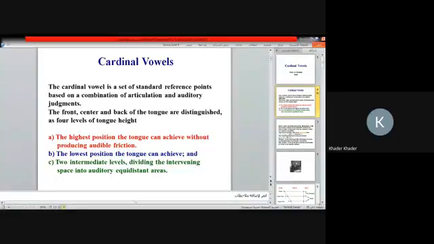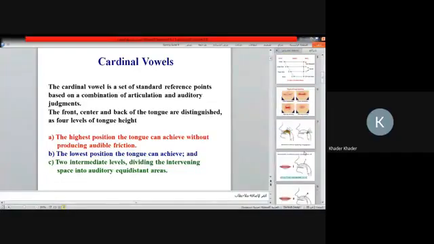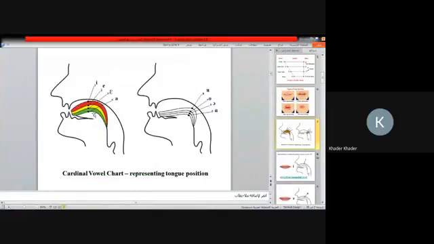There is a narrow space, where we can look at the figure representing tongue position. Then we have number 1, number 2, number 3, and 4.